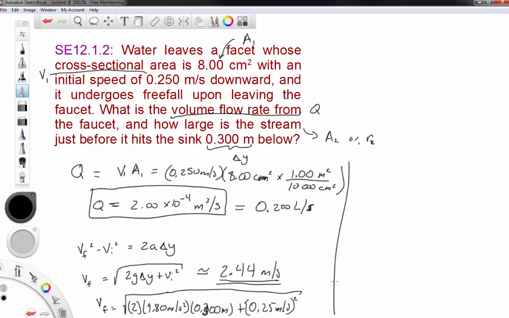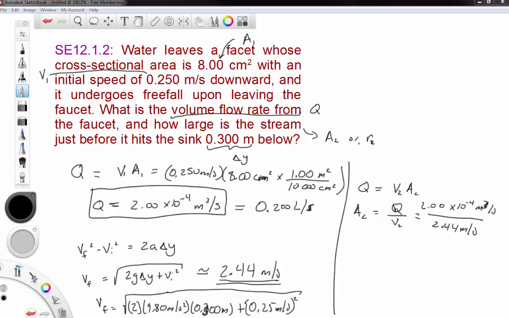We've already found what the volume flow rate is, and Q should be equal to V times A. So the final cross-sectional area should be whatever this flow rate Q is, divided by V2. That is 2.00 times 10 to the minus 4 meters cubed per second divided by 2.44 meters per second.